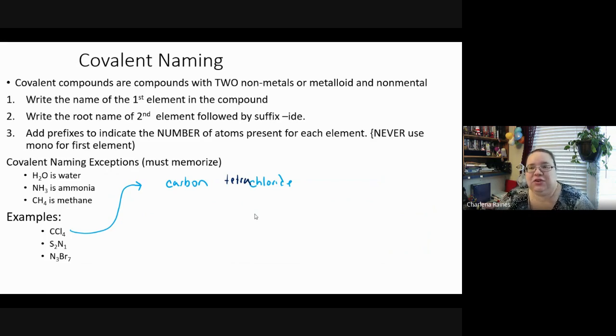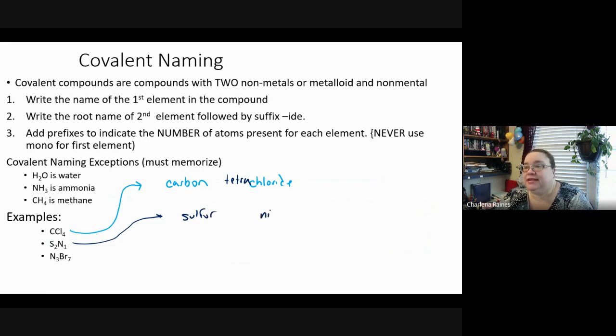So knowing that, let's look at our last 2 I do examples. S2N1. So I'll write the name for S, which is sulfur. N's name is nitrogen.